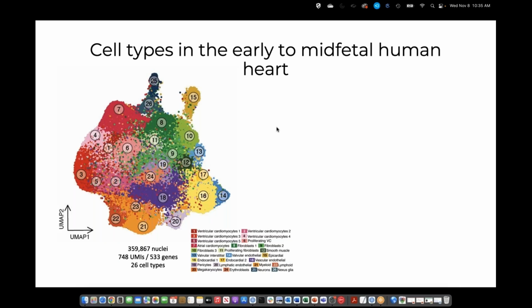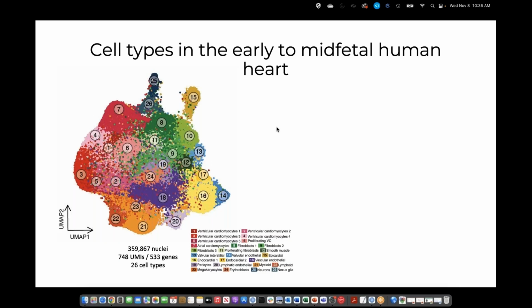We primarily used Seurat for our analysis and identified 26 cell types, where each of the dots in the UMAP on the left-hand side represents a cell's transcriptome, color-coded by the particular cell type. There have been several recent reports of fetal heart development that facilitated our ability to identify what these cell types were.